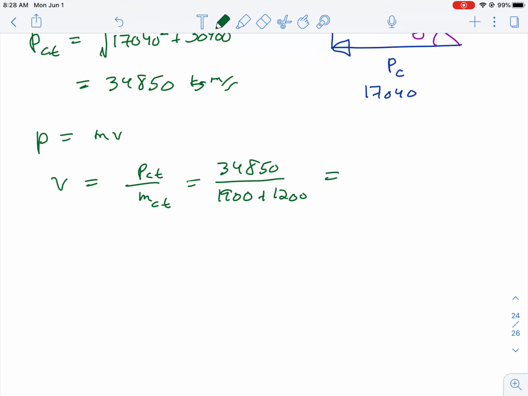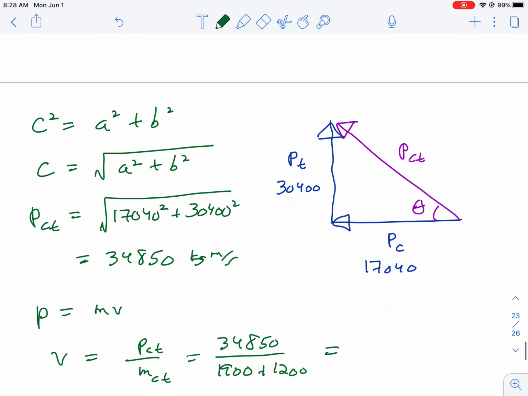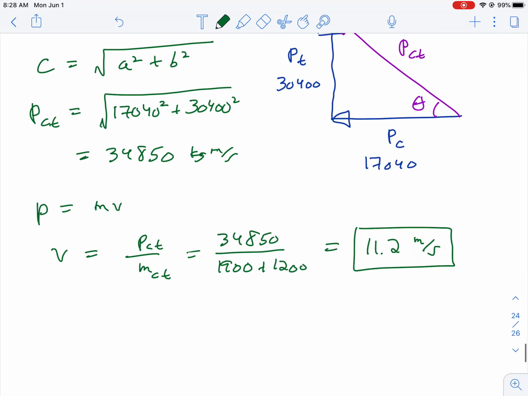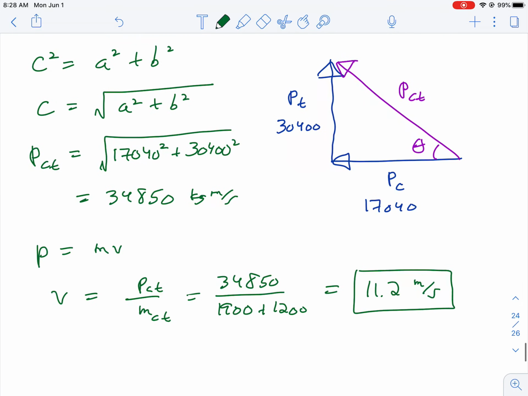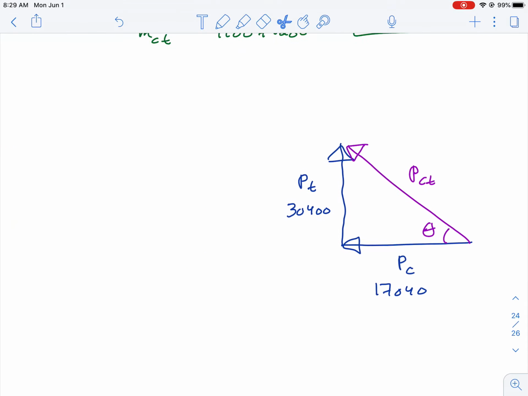So I think this is just 2 sig digs. Oh, 3 sig digs. I'm wrong. That's why I check. That's 11.2 meters per second. So they're both moving together at 11.2 meters per second. This represents the magnitude of the velocity. So far, so good. I'm just going to take this picture one more time for our last stage, just so I have it as a nice reference.